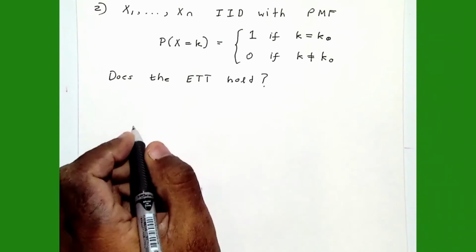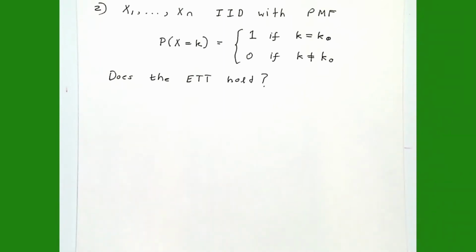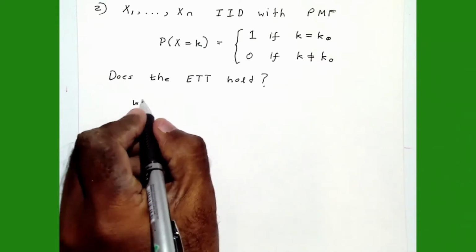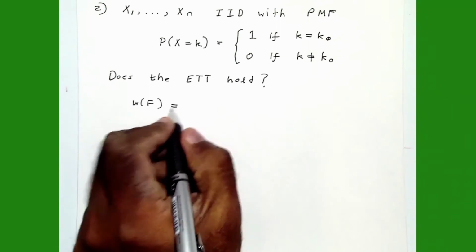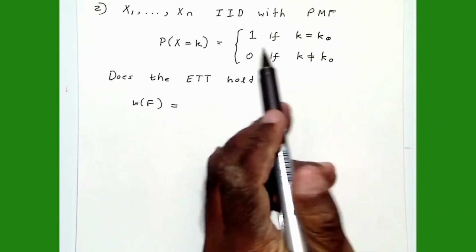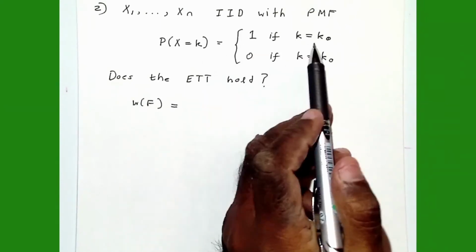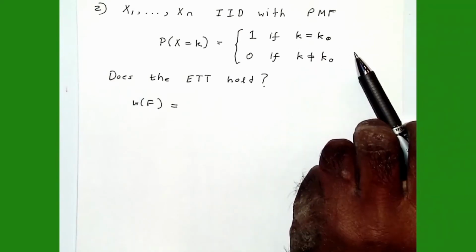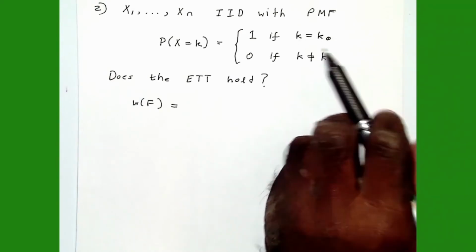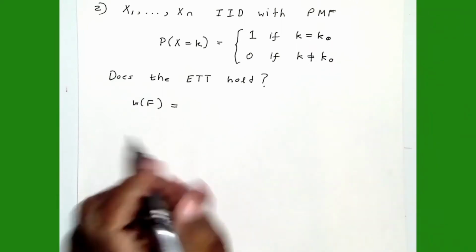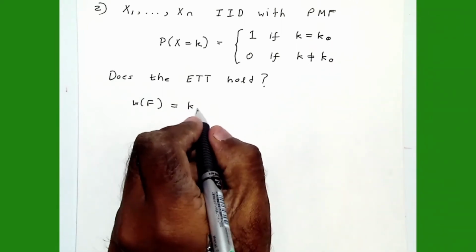I'm going to use the same condition as I did in question 1. The first thing you need to figure out is w of f. Here the support of the distribution is defined only at the point k equal to k0 and is 0 elsewhere. So the support is basically this point where k is equal to k0, and the upper end point must therefore be equal to k0.